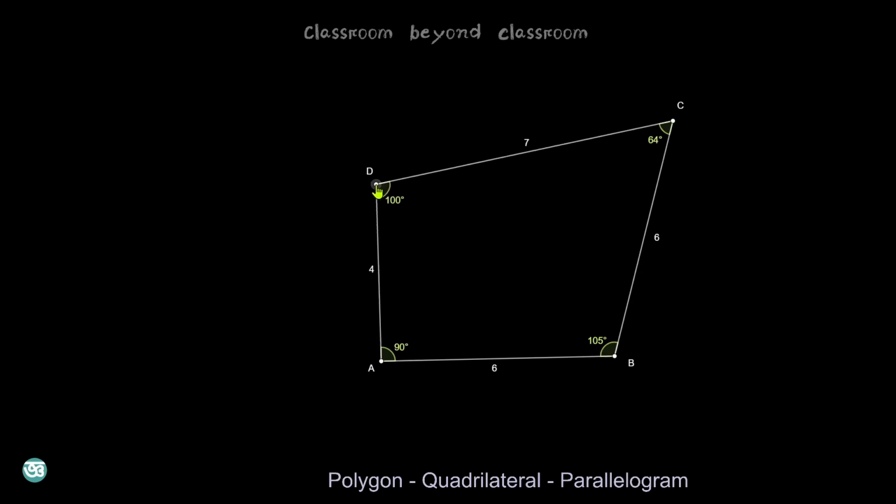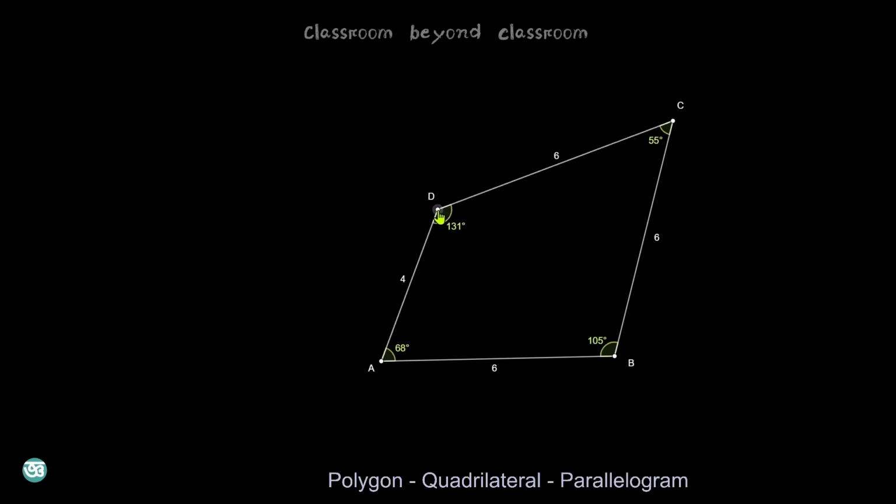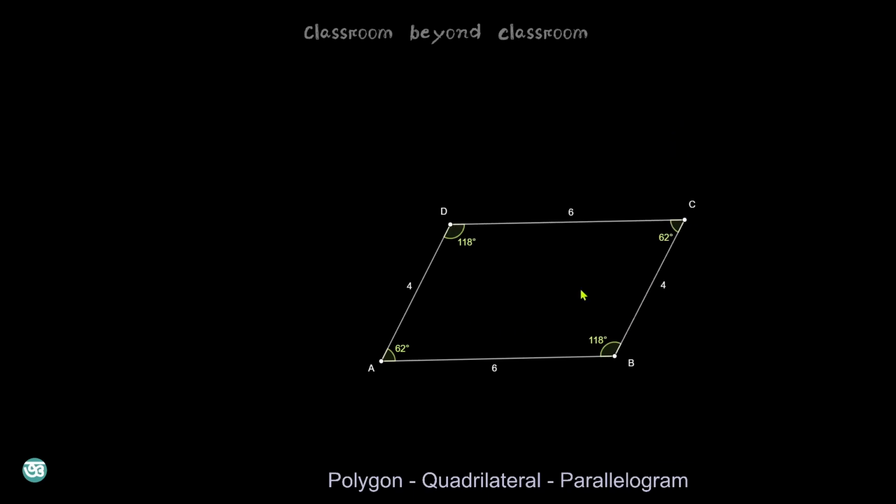So this is all about polygons. Now coming to the quadrilateral again. Now you see this is a quadrilateral. We can make it a special quadrilateral, say like this. This is a quadrilateral, but the opposite sides are parallel.